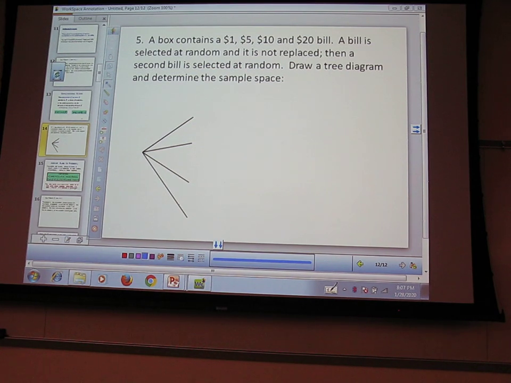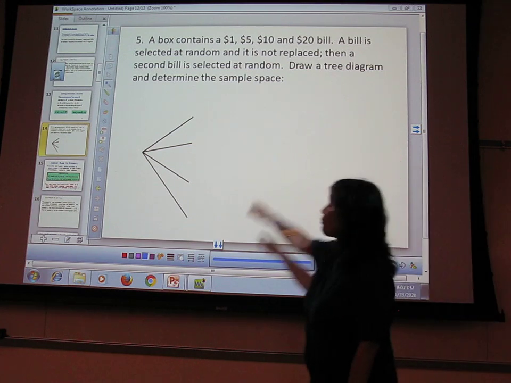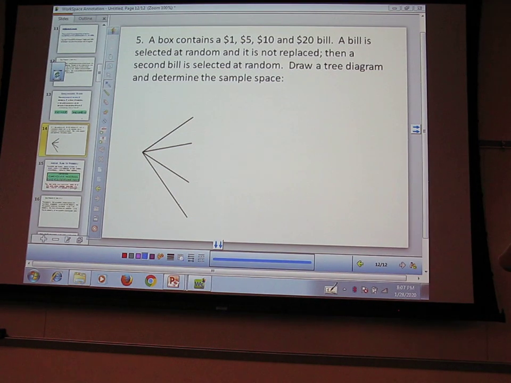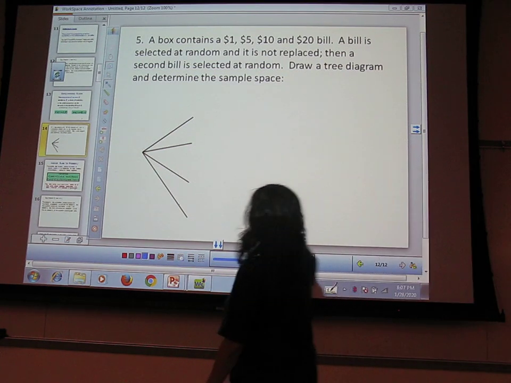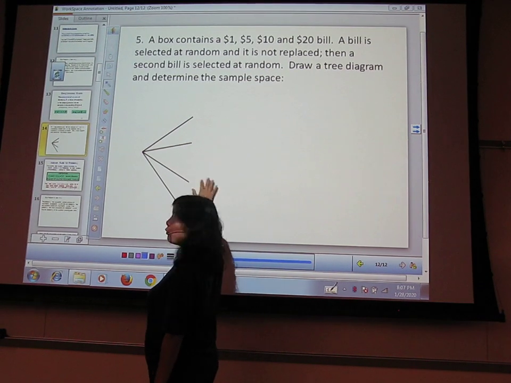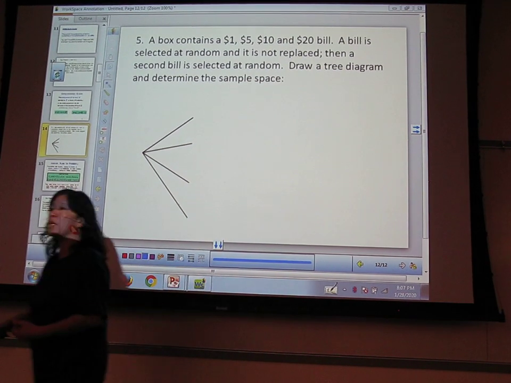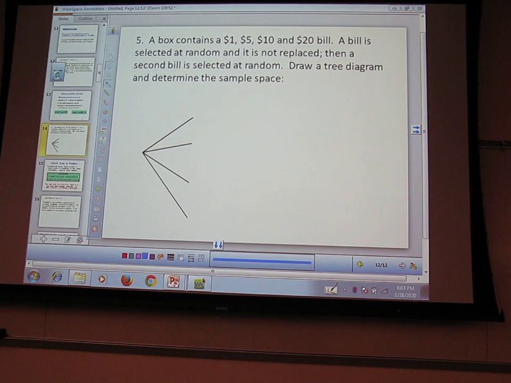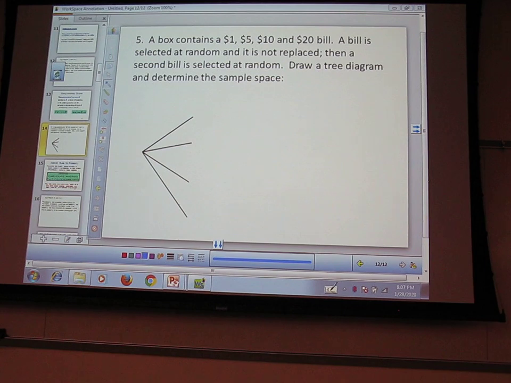I should have a spot for each option. Then I do not replace it. I keep it, and I draw another one. So whatever you pick for the first draw, then you draw another one. And from there, what can happen? So go ahead and make a tree for this. You're drawing twice. You are not replacing in between. So you can't draw a $1 bill both times.